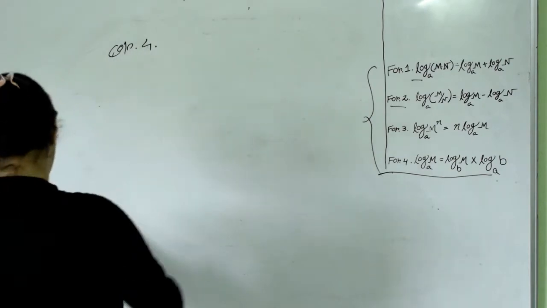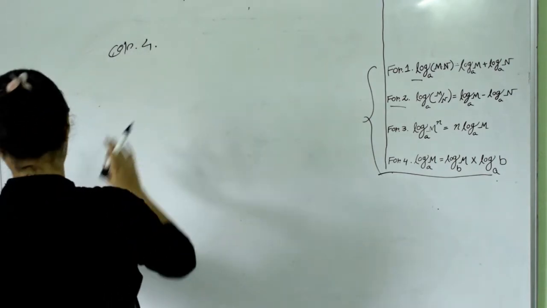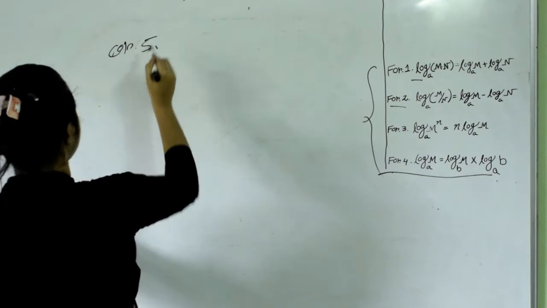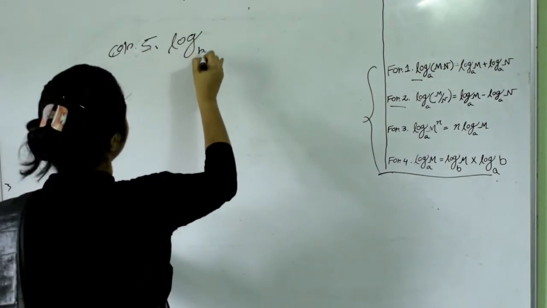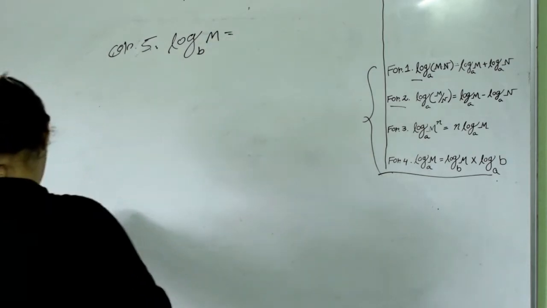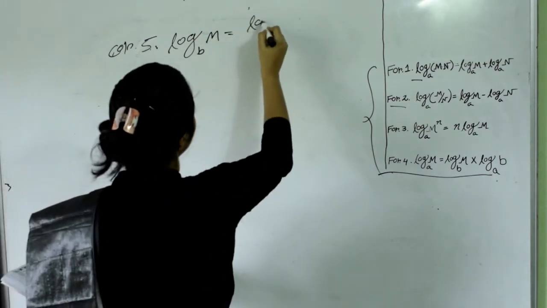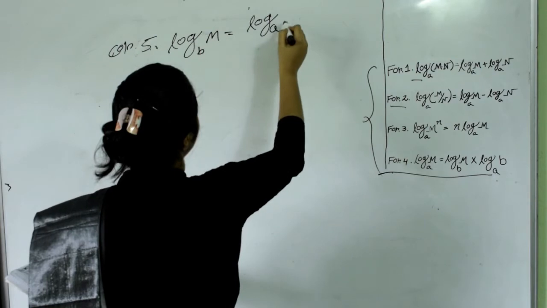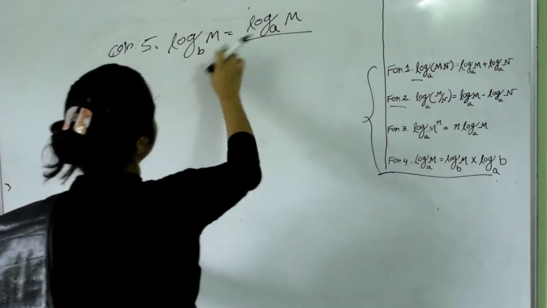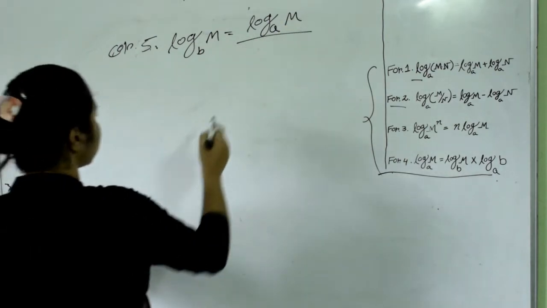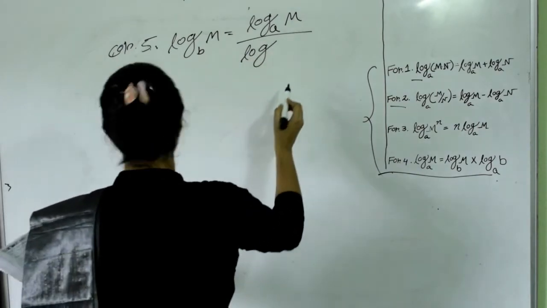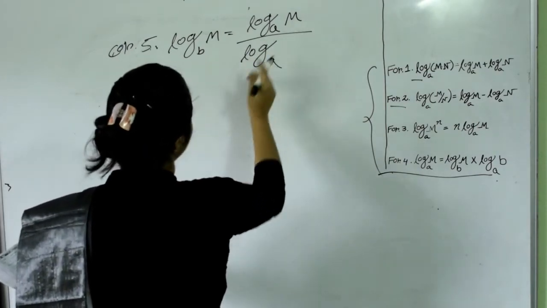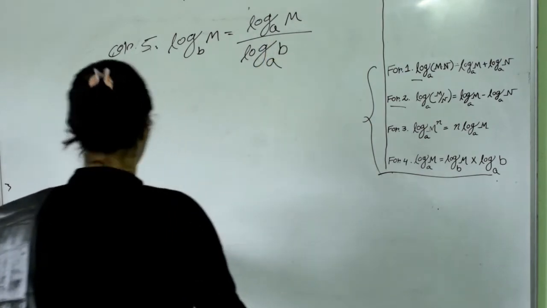Next, corollary 5. Log b m is equals to, again, change the base, divided by log with base a and the value.